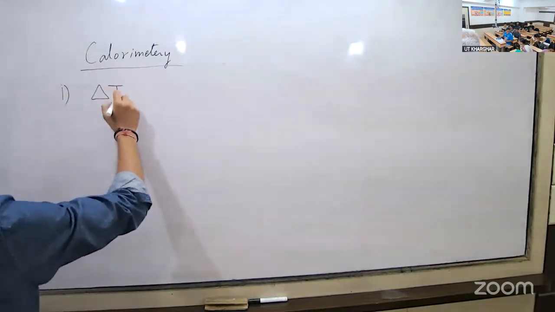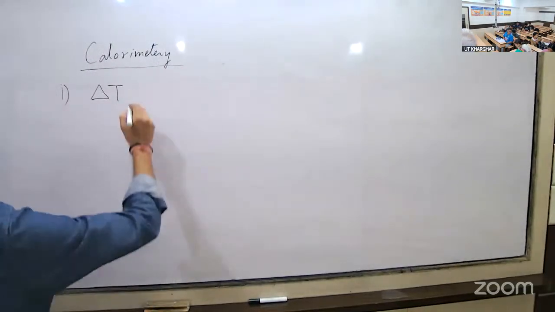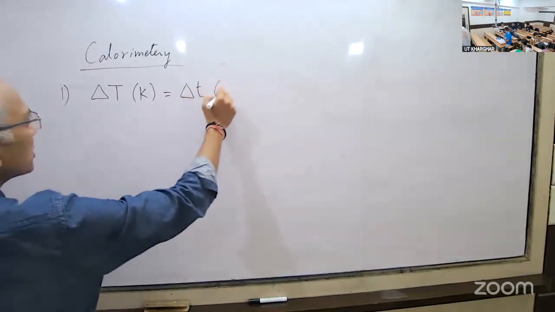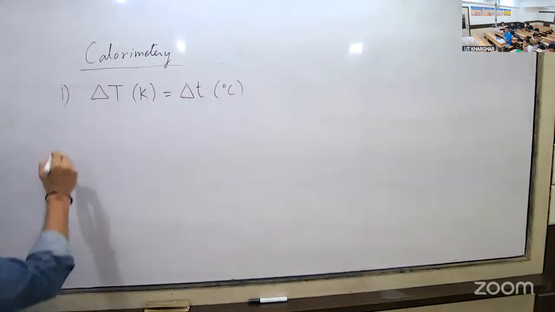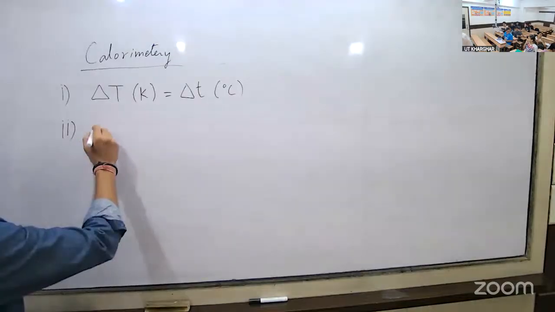We have seen that change in temperature in Kelvin is equal to change in temperature in degrees Celsius. Then what did we do? Thermal capacity or heat capacity.